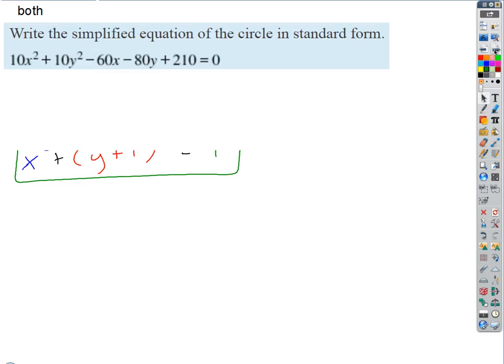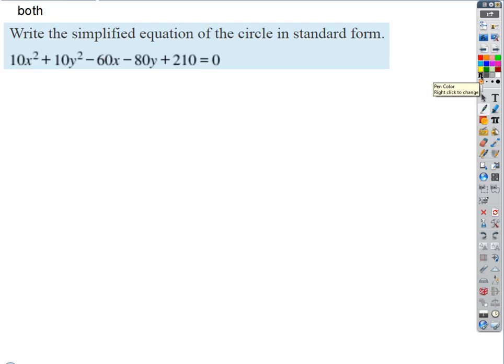Okay? Here's another one that would apply to both Algebra 2 and Honors Algebra 2. So what about this? Well, one thing we can do right away that would make this a lot easier on this problem is I can divide both sides through by 10. What's that give us? Well, dividing the whole left side by 10 means I'm just dividing each of these terms by 10.